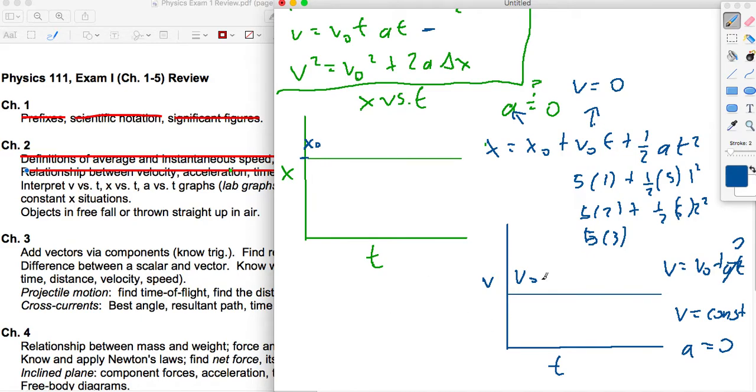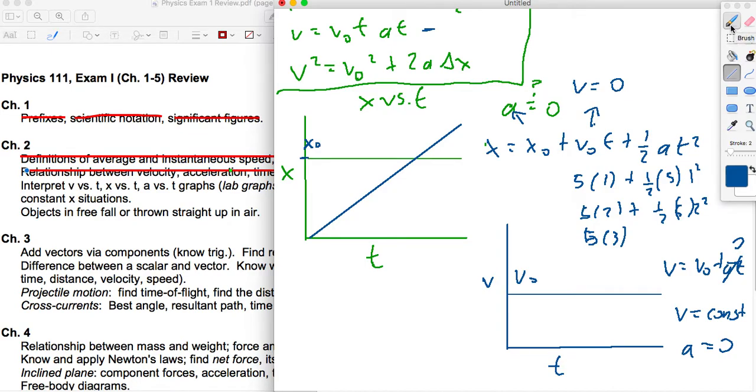Now what happens if all of a sudden I decide to, oh, and by the way, if the velocity is constant from here, this would mean position is increasing. So the graph will look like this. You have an increase in position because you're just moving linearly according to the velocity times time.